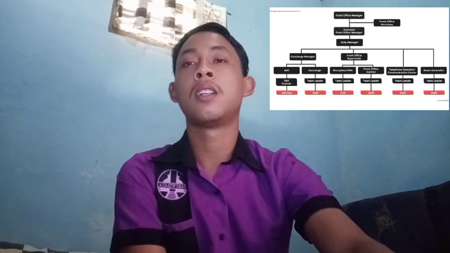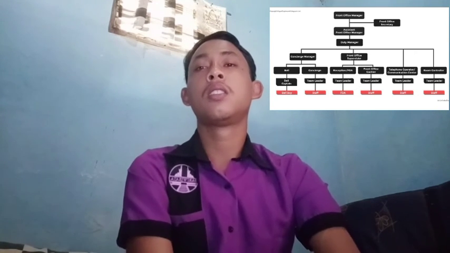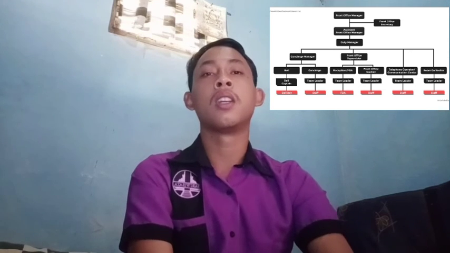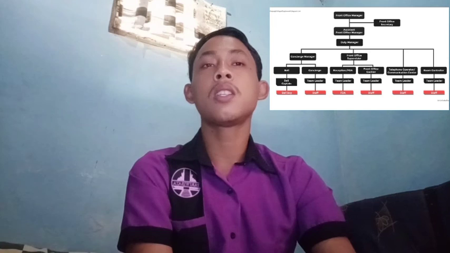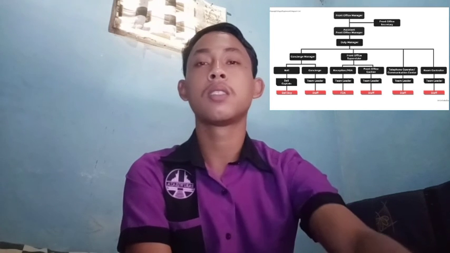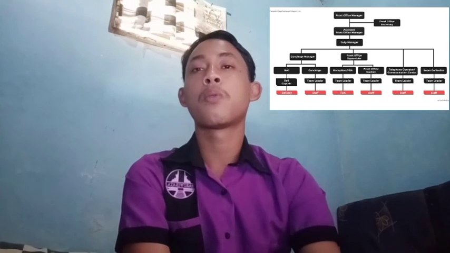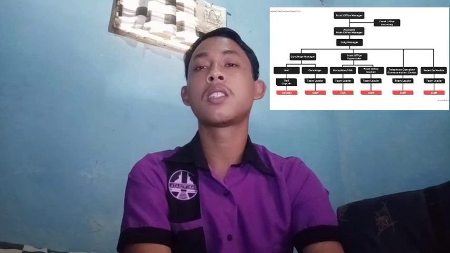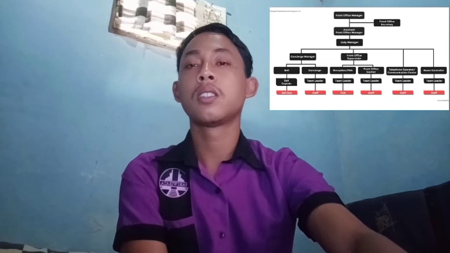And the next, team leader room controller. The room controller section is chaired by a leader. The duties and responsibilities are: supervise the performance of the staff in the room controller section, provide training to staff, complete administration, and lead the room controller section.